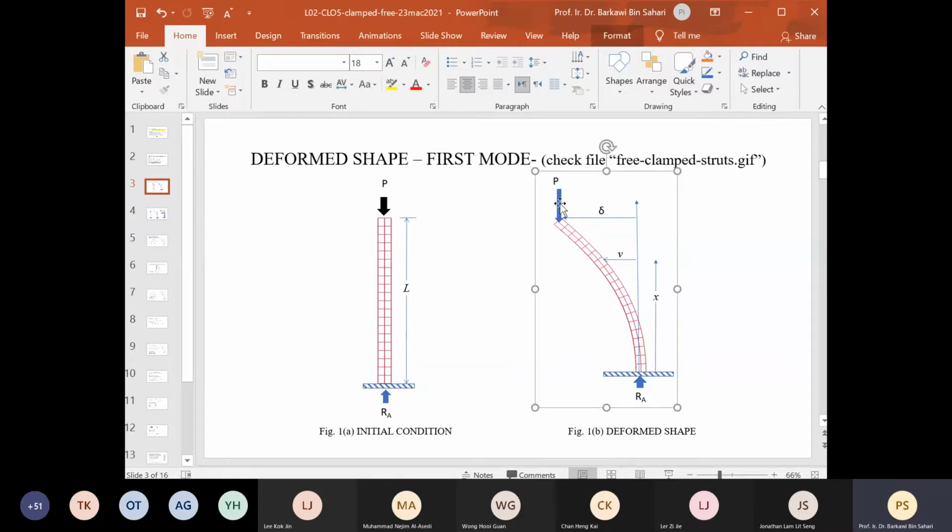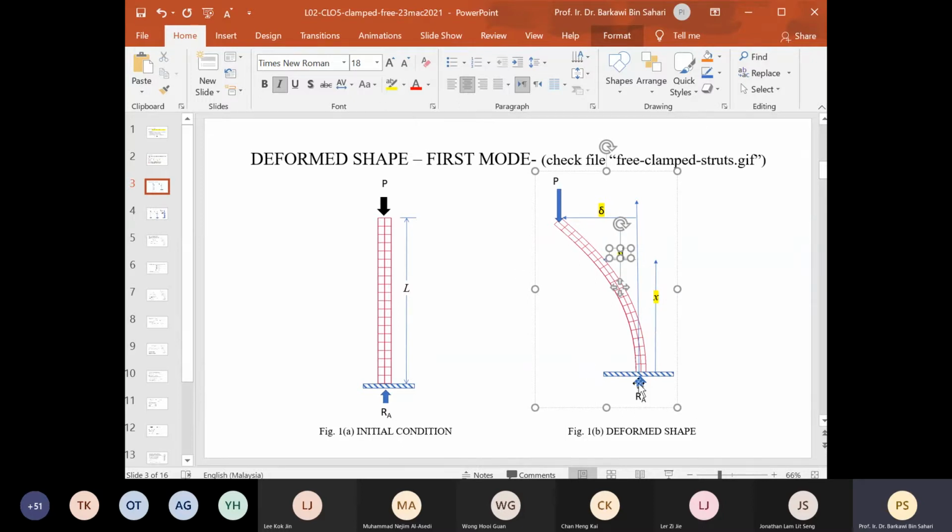So as the deflection increases, the bending moment, or the moment of P about the base, or at X equal to 0, will increase. Now delta is the specific deflection at the top, and at location X, the deflection is V. Okay, so this is the behavior of the beam.